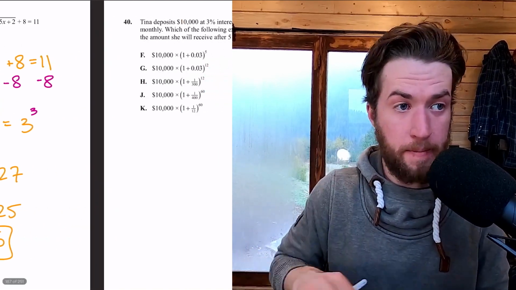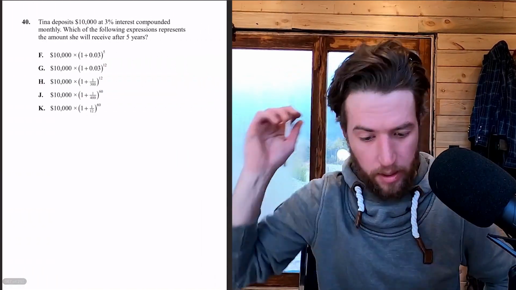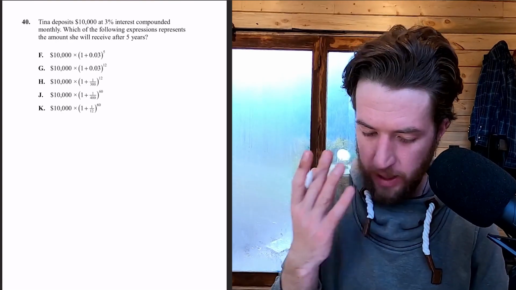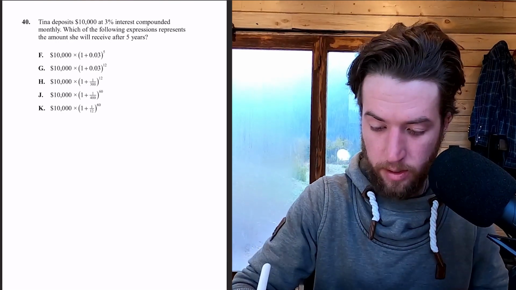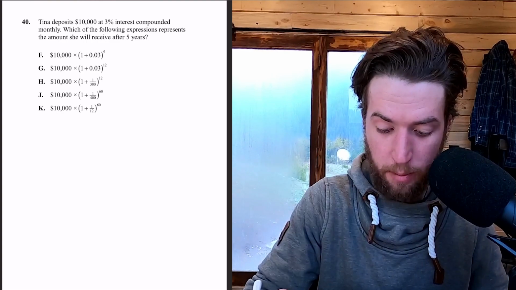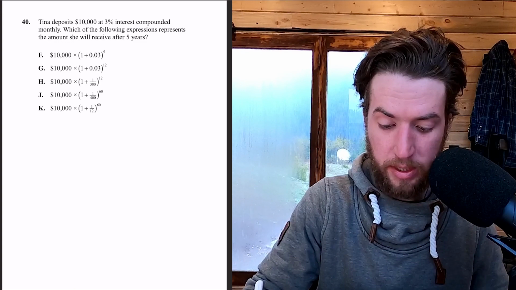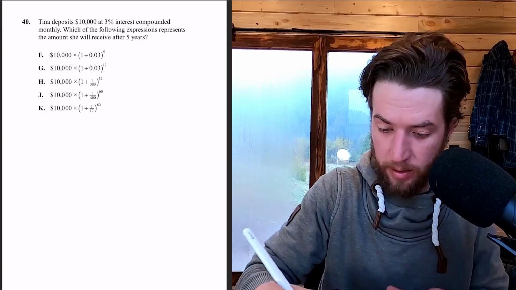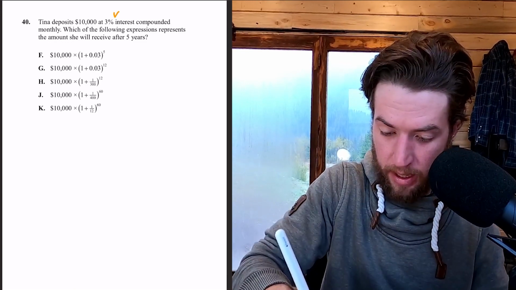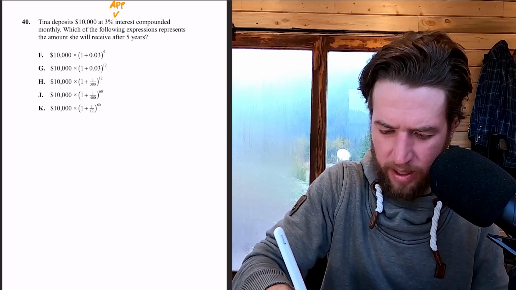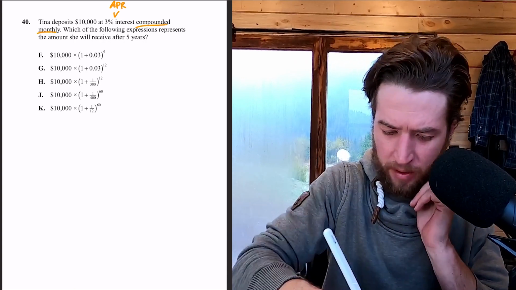On to the next. All right, Tina deposits $10,000 at 3% interest compounded monthly. Which of the following expressions represents the amount she will receive after 5 years? Okay, so 3%, I'm assuming this is APR, or annual percentage, but it's compounded monthly, it says.